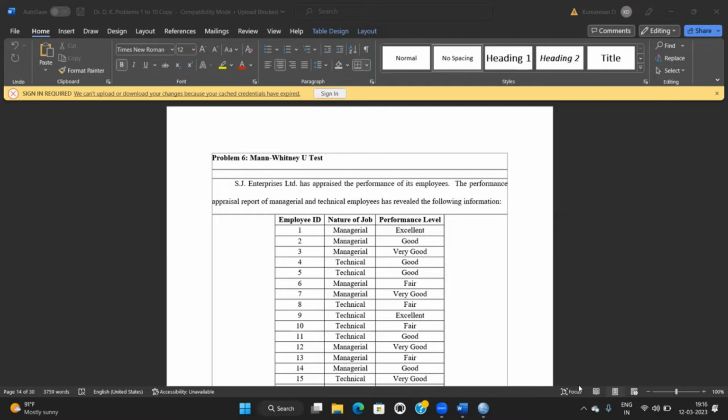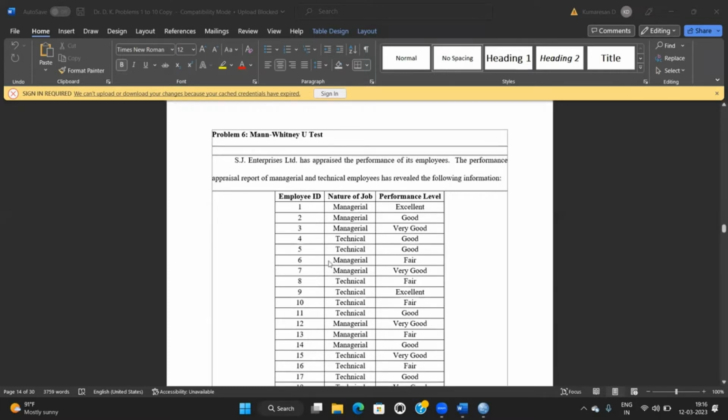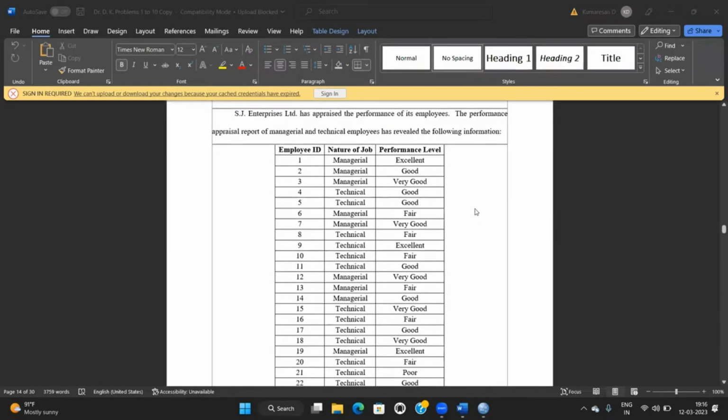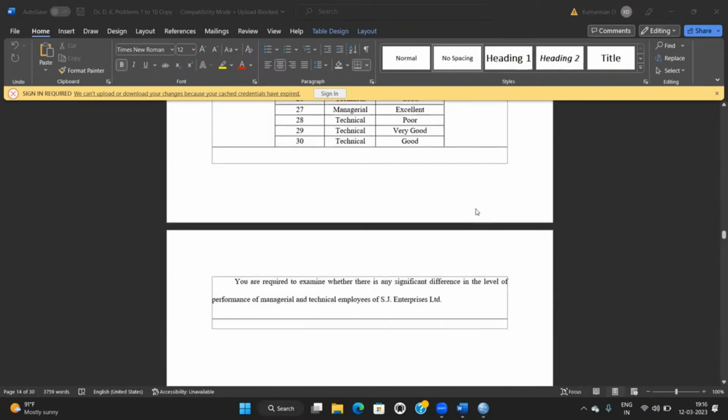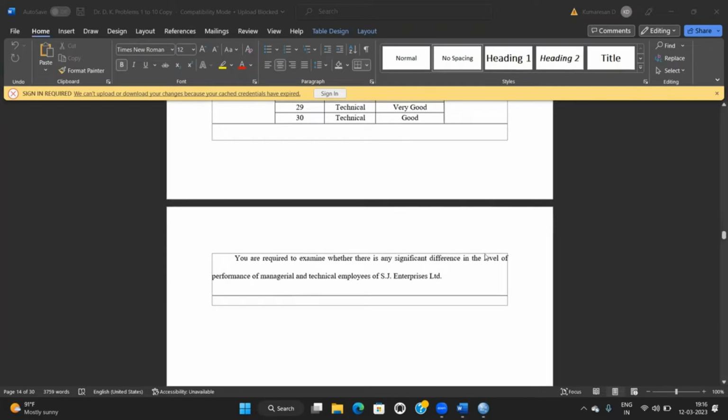Managerial and technical are the two categories. Performance level: excellent, very good, good, fair and poor are the grades. Now the question: you are required to examine whether there is any significant difference in the level of performance of managerial and technical employees.